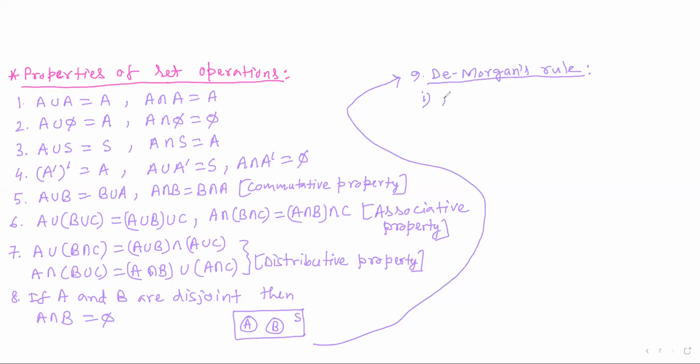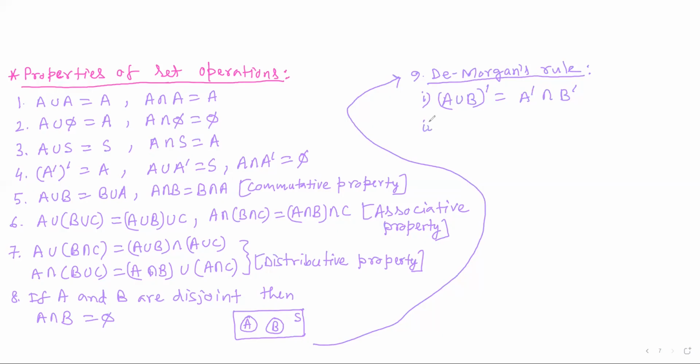First one: (A union B) whole complement is equal to A complement intersection B complement. When we take the individual complements, A complement and B complement, the union sign becomes intersection.